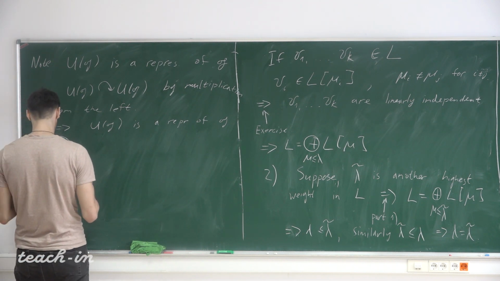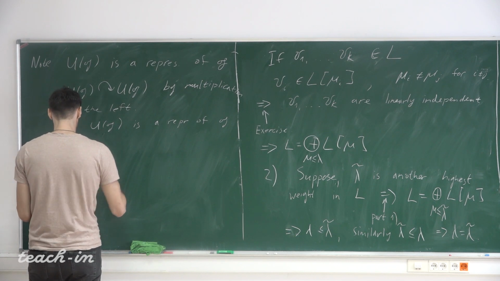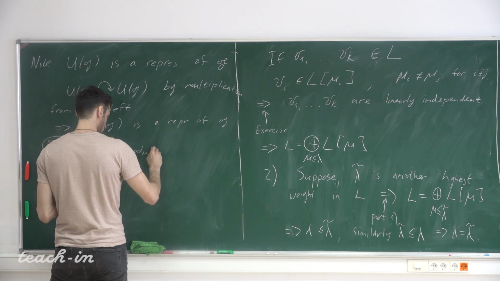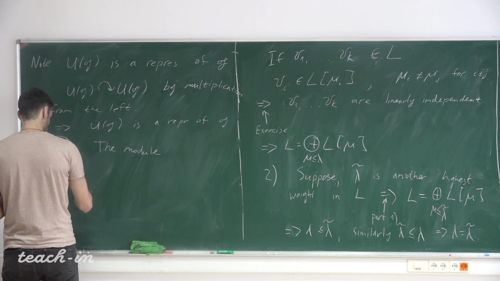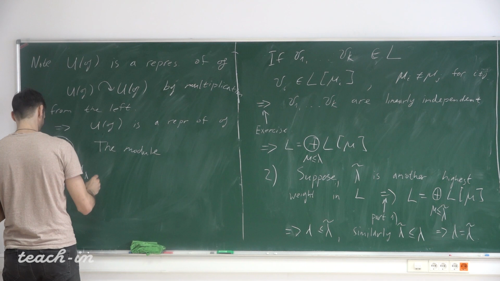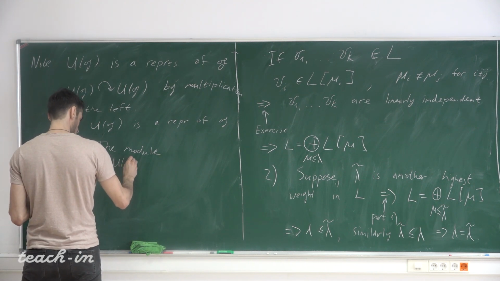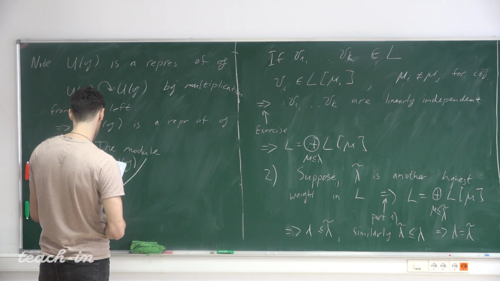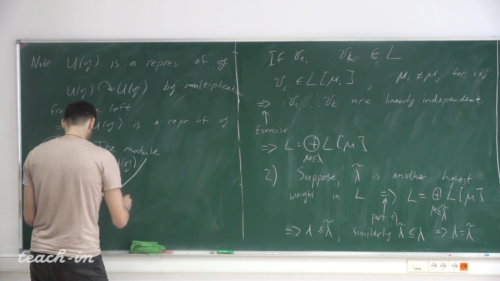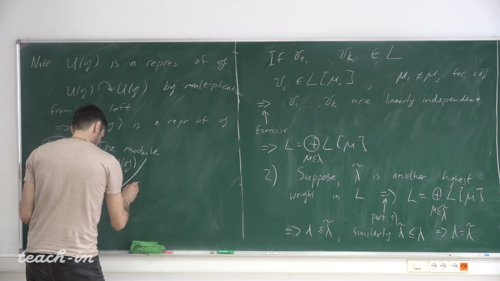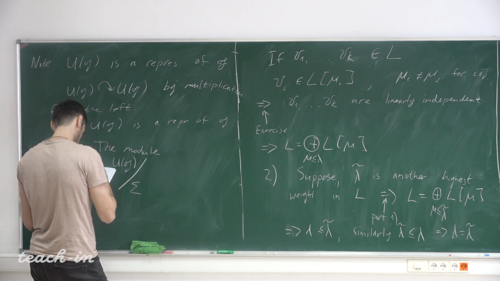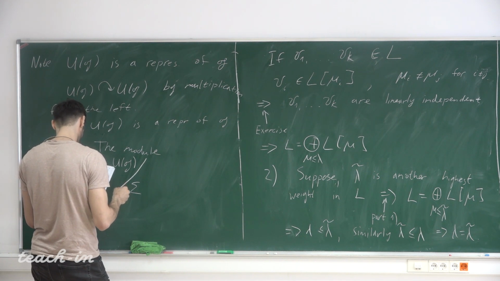So by definition, the module M lambda, which is U of G quotient by, okay, let me write it like a scary formula, but we'll understand what it means.